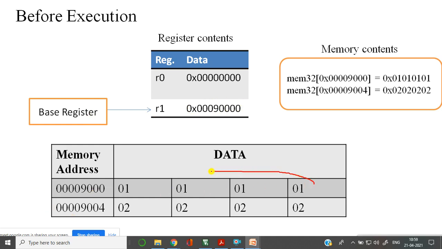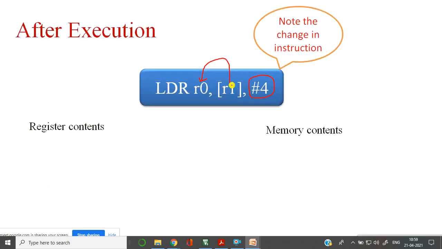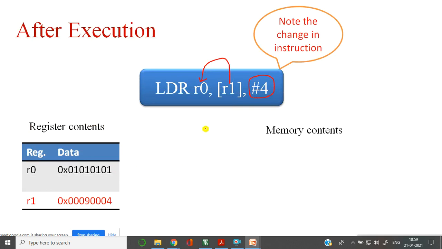Now in this example, it will fetch the data from this address. So it will fetch the data first, move it to R0, then the address gets incremented. So R0 will be 01010101, but later on the address gets updated.